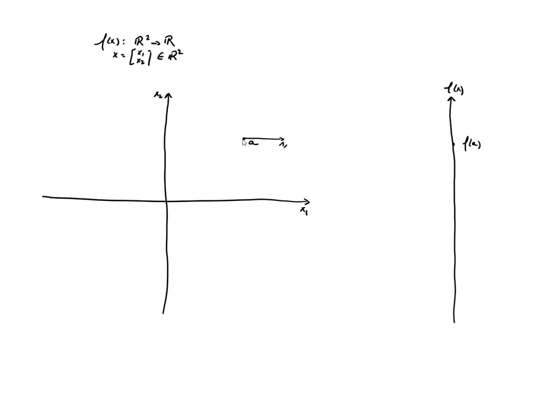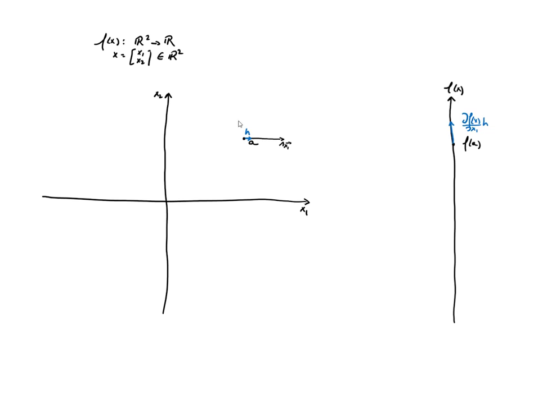This is represented here by a unit vector in the direction of x1, and what we'll do is take a small step h, and of course this will induce a change in f of x, and we'll assume here that it is positive, right? And what we'll have here is a change that is the partial derivative of f of x with respect to x1 times h, right?